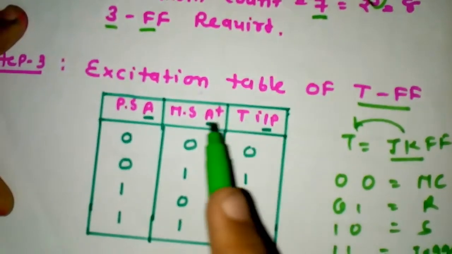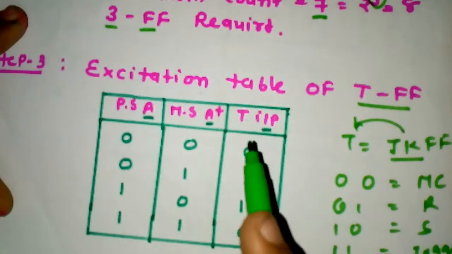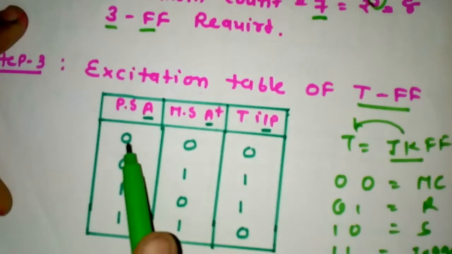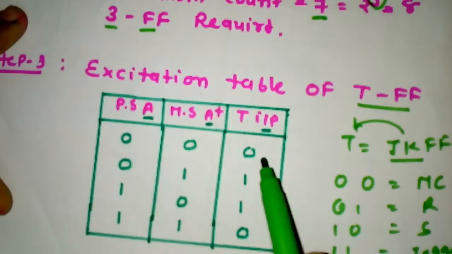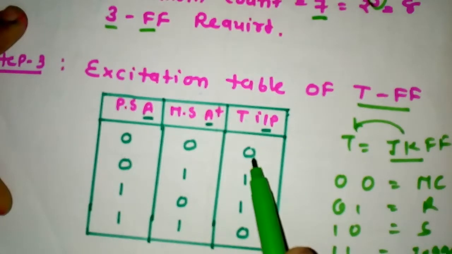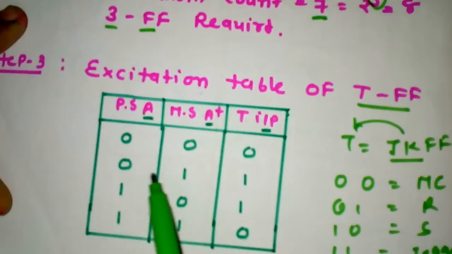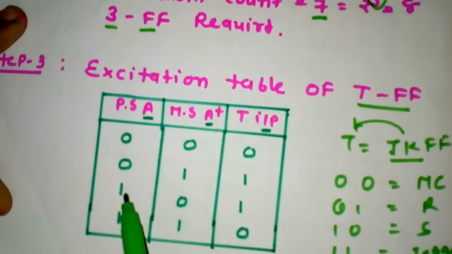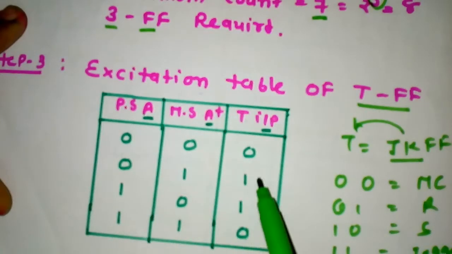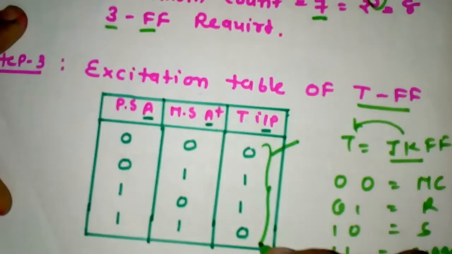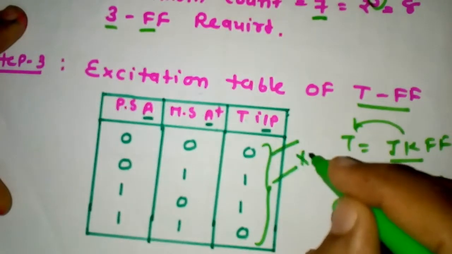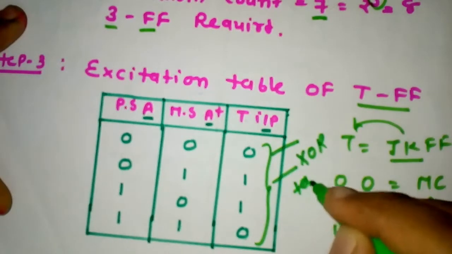Using this excitation table of the T flip-flop, we see that when both inputs are the same, the output is 0. When the inputs are different, the output is 1. So this truth table is also called the XOR gate table.